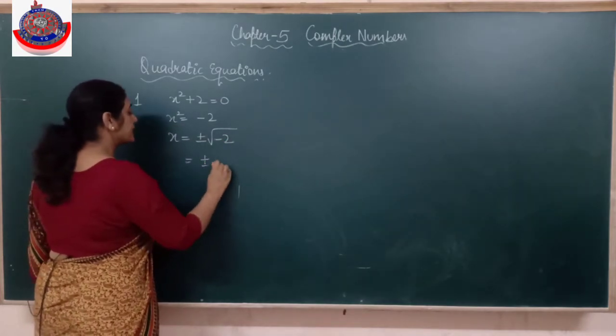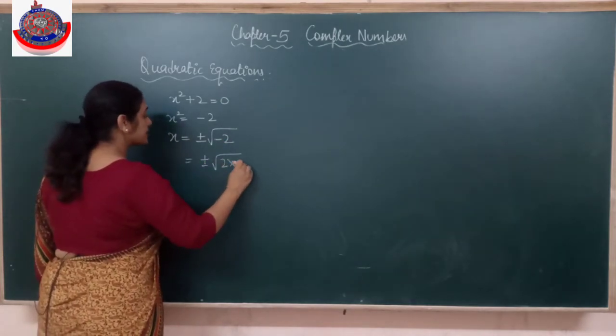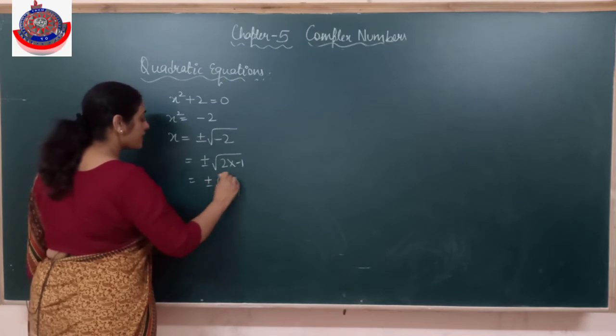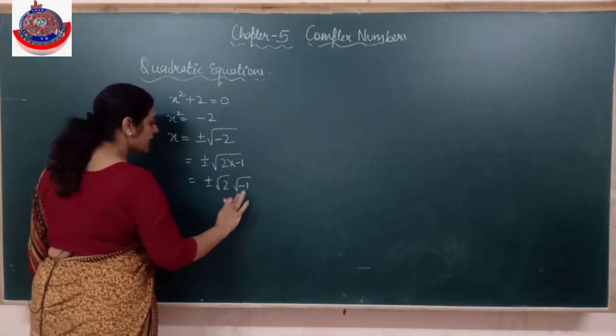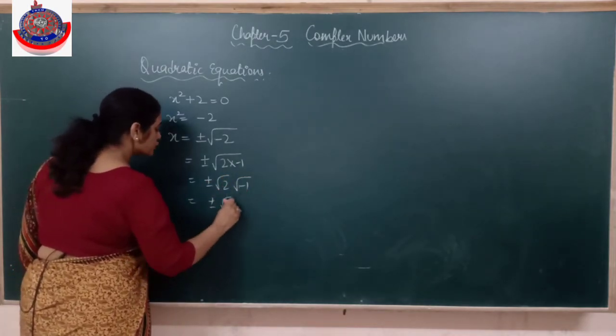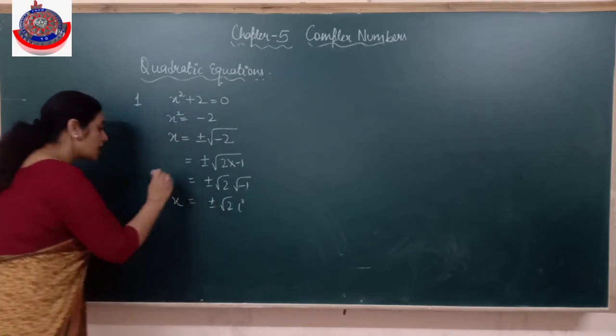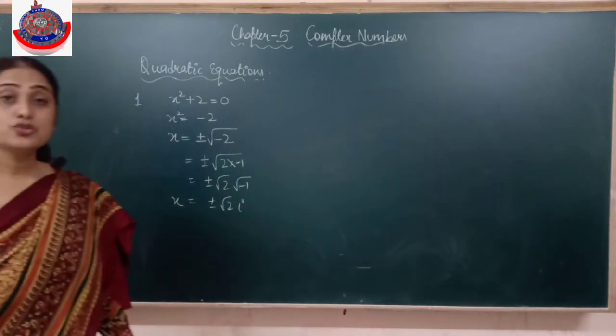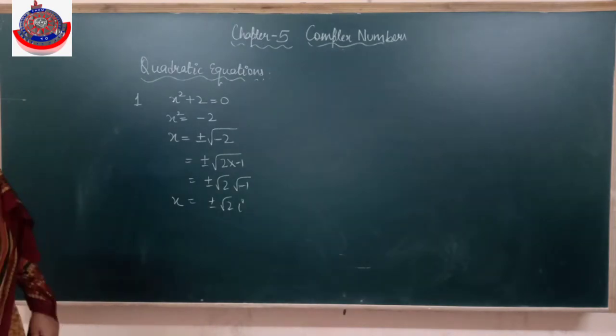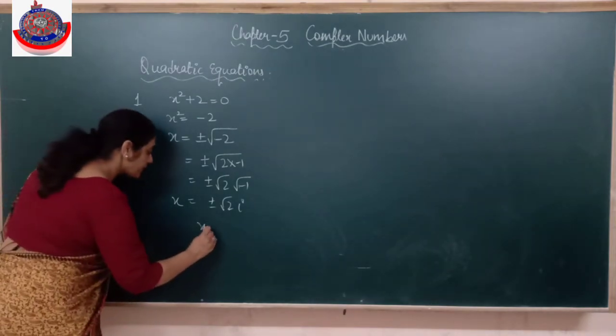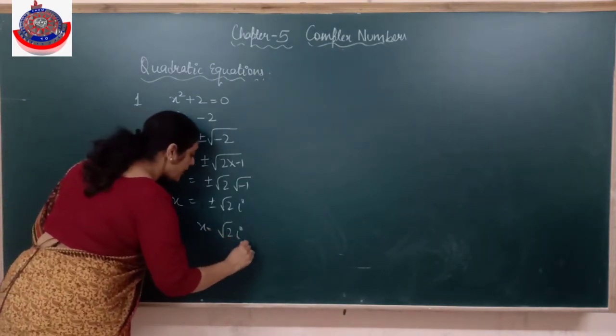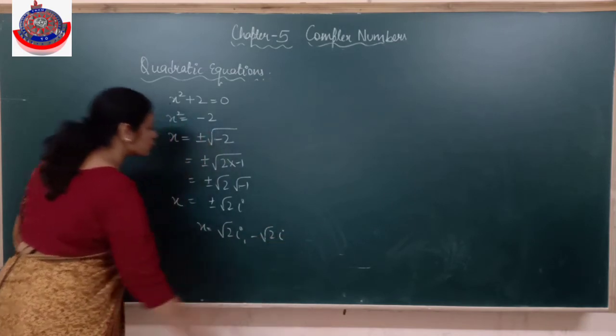And in under root, when there is a minus, I write it as 2 into minus 1. Under root minus 1 goes outside and it becomes iota. So what are the roots of this equation? Plus minus root 2 iota. One root is root 2 iota and another is minus root 2 iota.